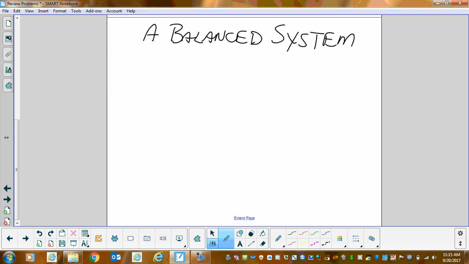So let's start with power AB. What's our formula going to be here for finding our power for each phase? We could use I squared R, but what other information do we have that's probably a little bit more pertinent? VAB times IAB.